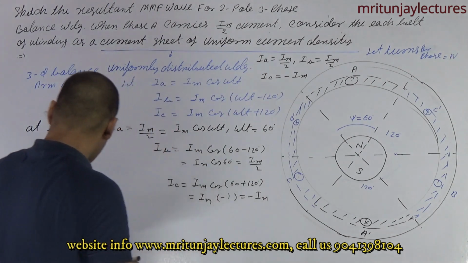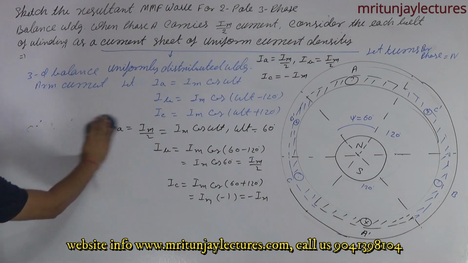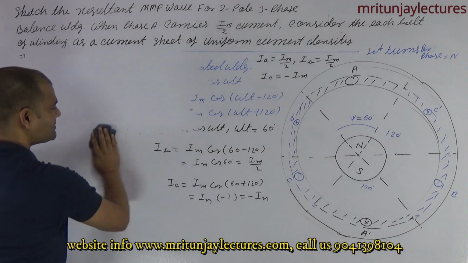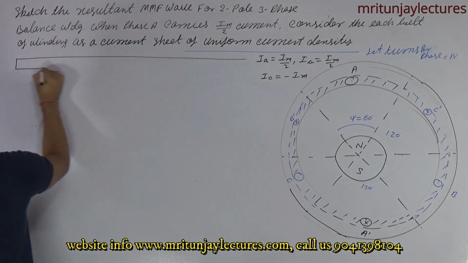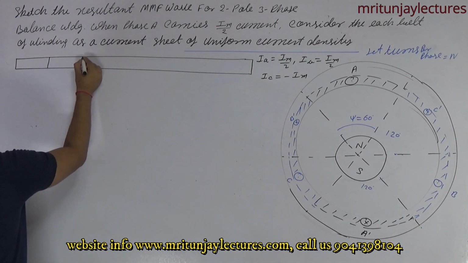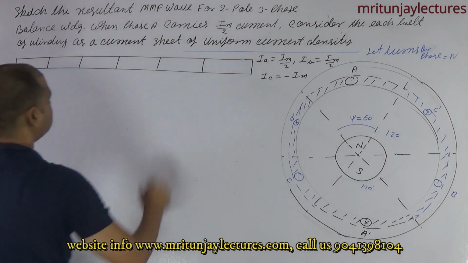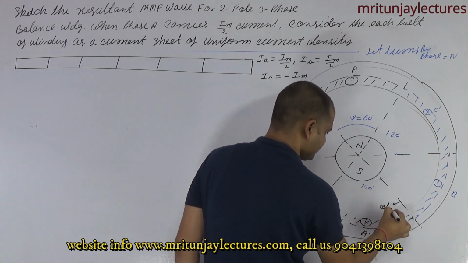Now, how to draw the MMF diagram? Our motto, the resultant MMF diagram, how to draw. First of all, draw the balanced winding. Now the machine is opened out corresponding to this one.